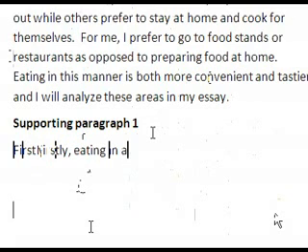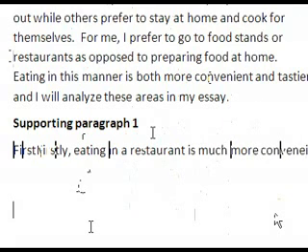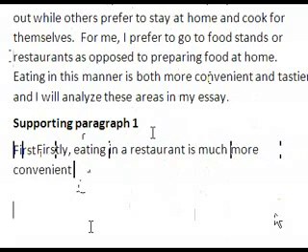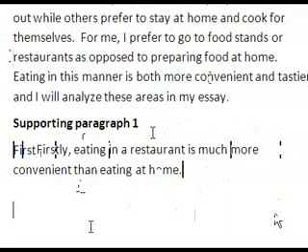So firstly, attending or maybe eating in a restaurant is much more convenient than eating at home.